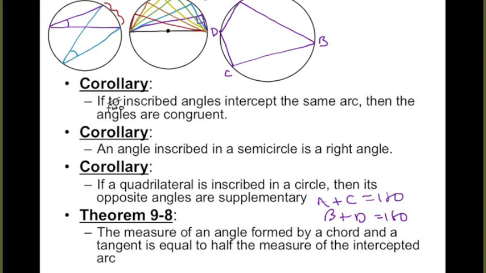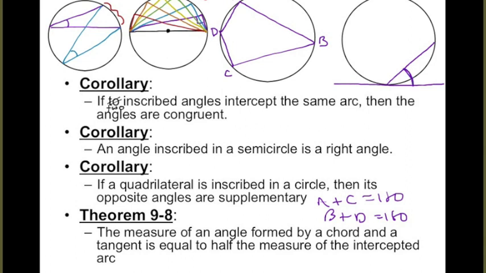And the final one here, we have a theorem that says the angle that is formed by a chord and a tangent. So a chord cuts across the circle, a tangent brushes across the circle.